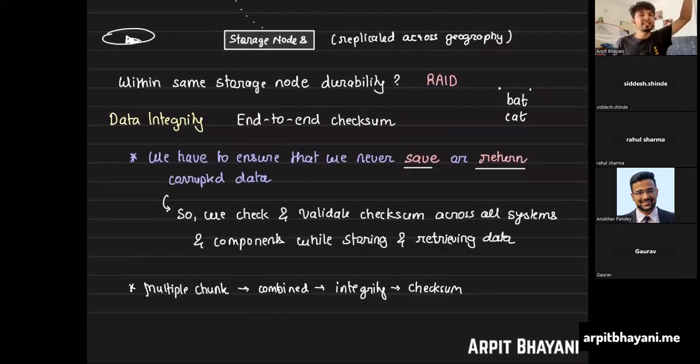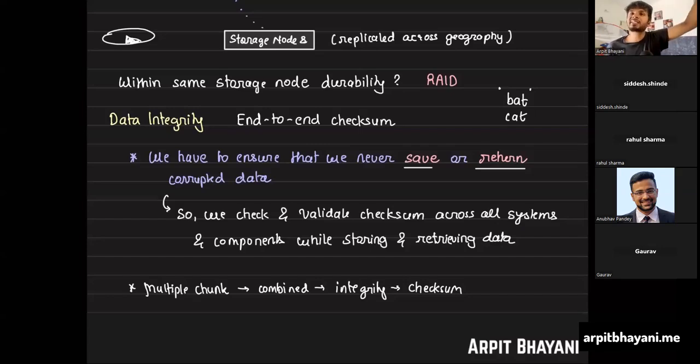So from user to S3 API server, checksum is passed. S3 API server to partition server, checksum is checked. From partition server to disk, checksum is checked. From disk, when you read it, checksum is checked. From partition server to S3, checksum is checked. From S3 API to user, checksum is checked. Even on the user's AWS SDK, checksum is checked.